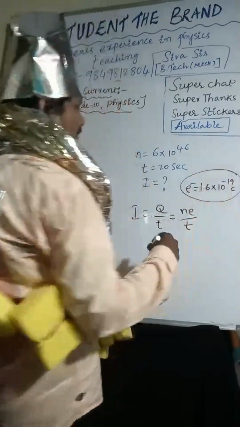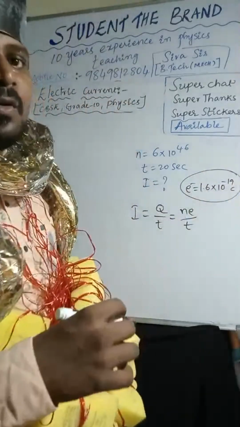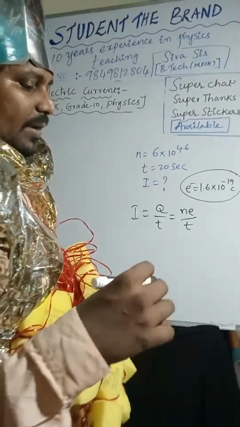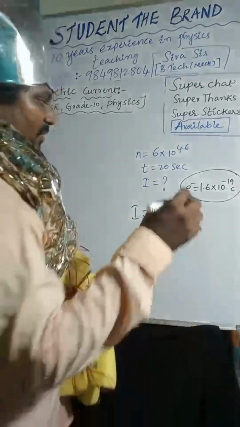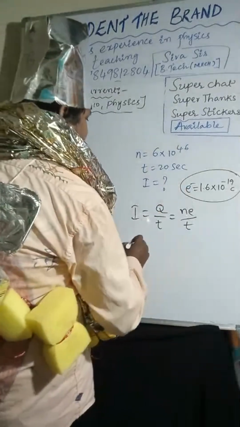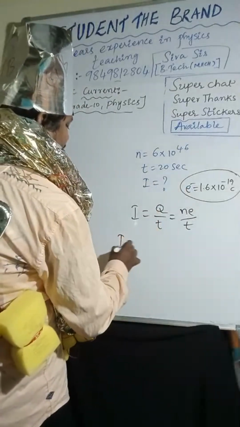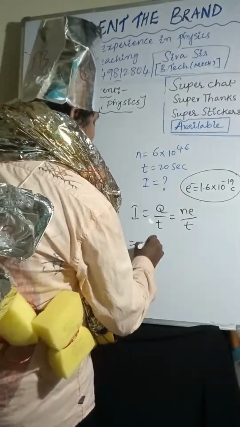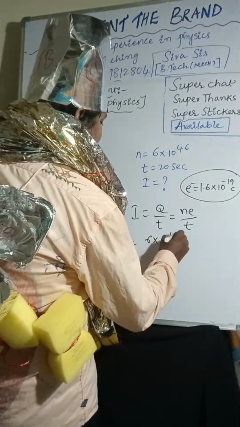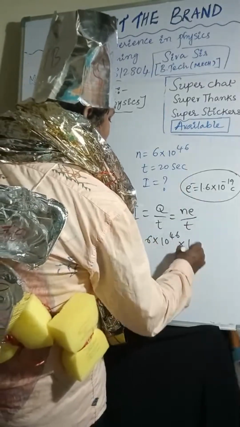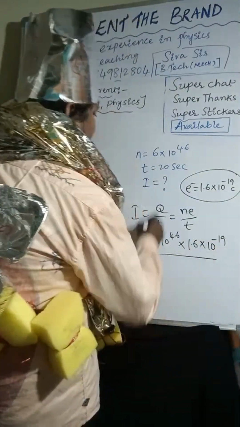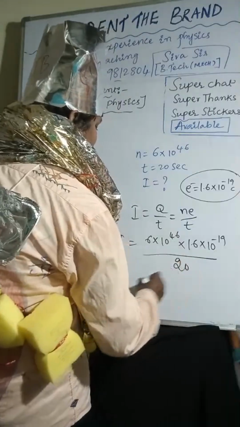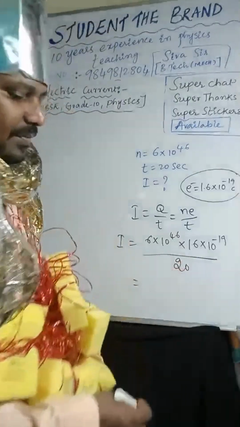N we know is 6 into 10 power 46, e is 1.6 into 10 power minus 19, and the time is 20 seconds. So do this. That's enough.